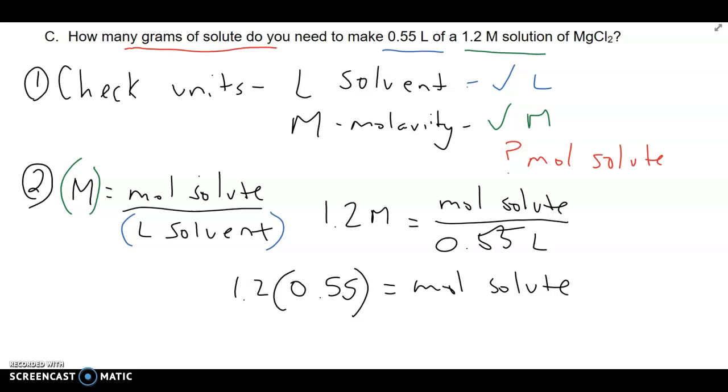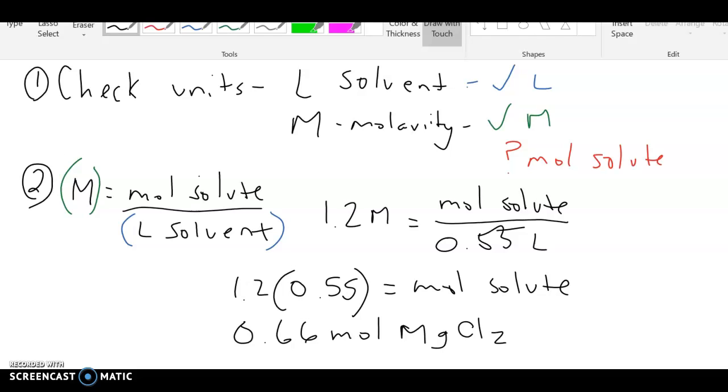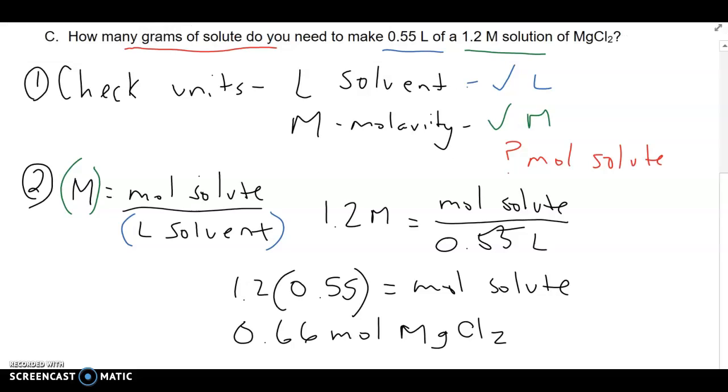When we do that math, we get 0.66 moles of, what are we looking for? MgCl2. We know that is our solute because it is a solution of MgCl2. A solution means the MgCl2 is dissolved in the water. So that's what we're looking for.